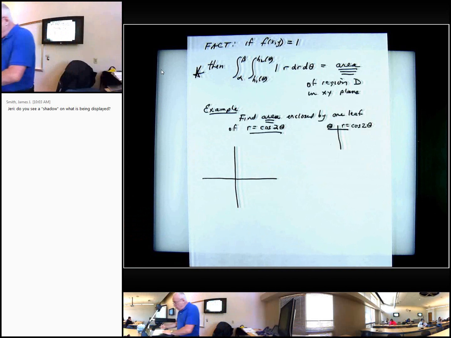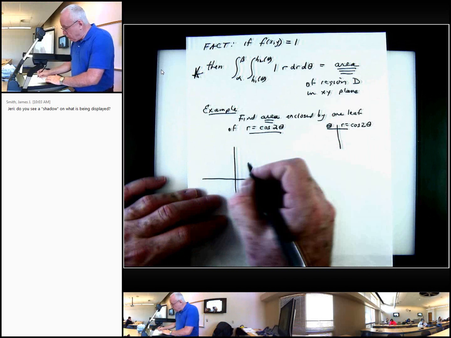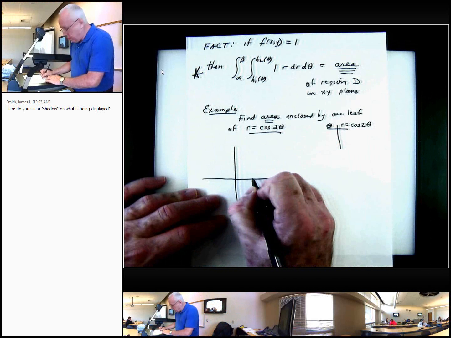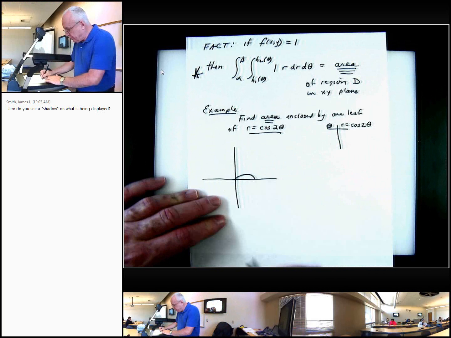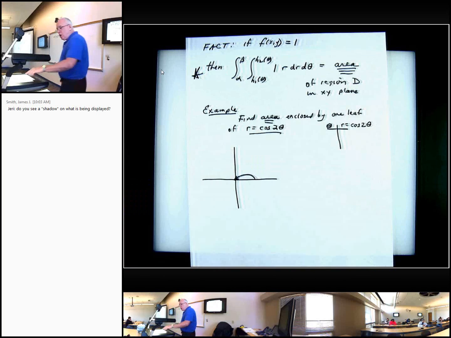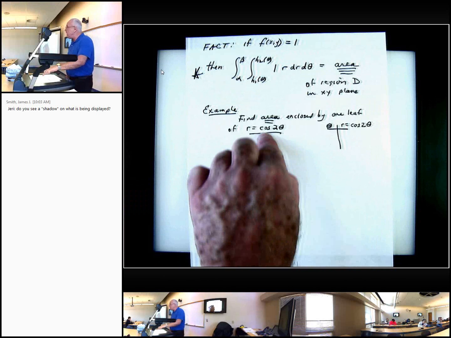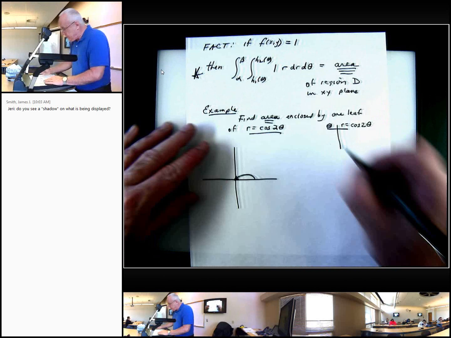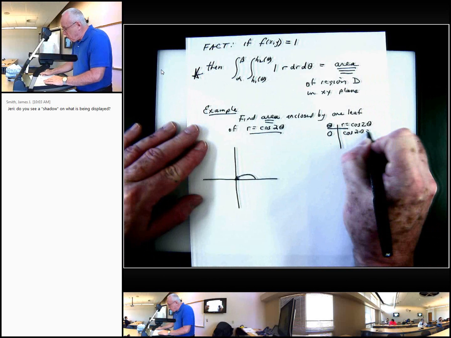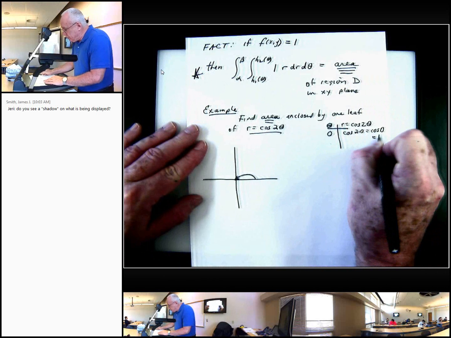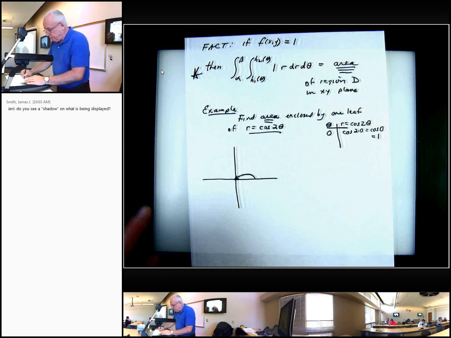Now here, as theta goes from 0 to pi over 4, we're going to get something like this in this direction. Because when theta is 0, r is the cosine of 2 times 0, which is the cosine of 0, which equals 1, which is the point right out here.